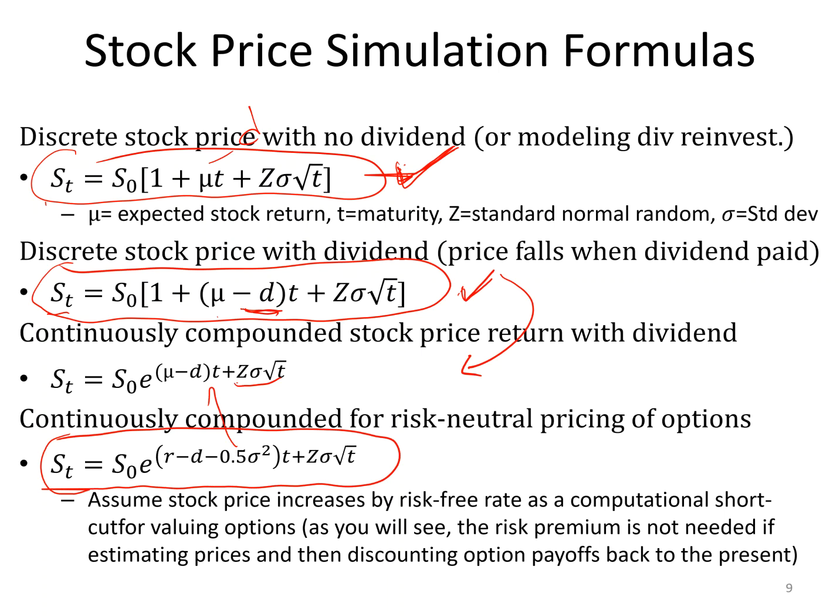I'm going to simulate the spot price by taking today's spot price times e to the (r minus the dividend yield minus 1/2 the variance, an adjustment factor I have to use for my simulation on the pricing of options) times t, plus my random z times sigma times the square root of t.